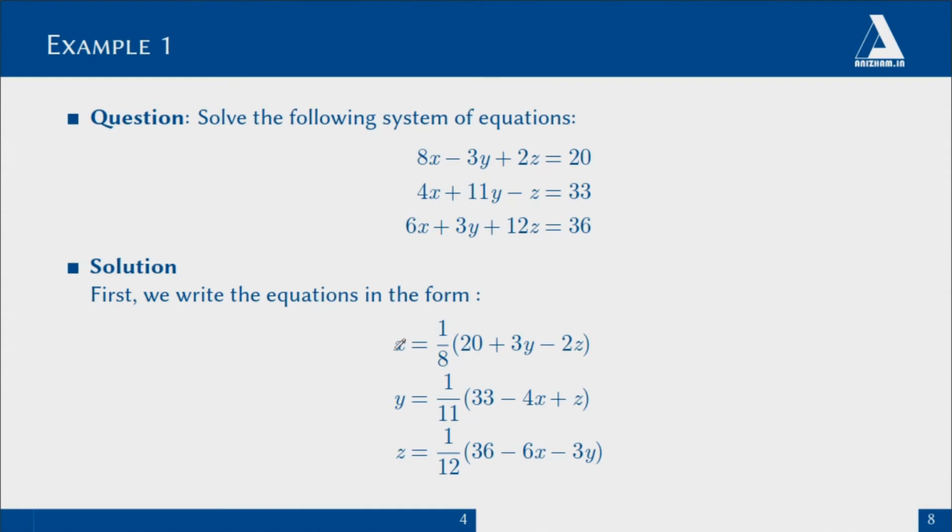In this case we can write the first equation as x equal to 1 by 8, 20 plus 3y minus 2z. And the second equation can be written as y equal to 1 by 11, 33 minus 4x plus z. And the third equation, z equal to 1 by 12, 36 minus 6x minus 3y.